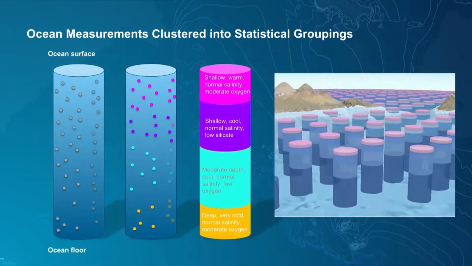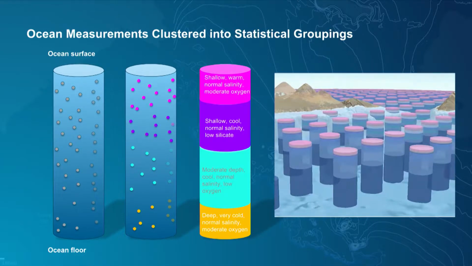For example, they found that the region at the top in pink had shallow, warm, normal salinity, moderate oxygen. And then as you move down the column, you had different characteristics. At the very bottom, you had deep, very cold, normal salinity, moderate oxygen. And this was not an order that was always maintained. These are just examples of the types of characteristics and categories of measurements that they could classify.